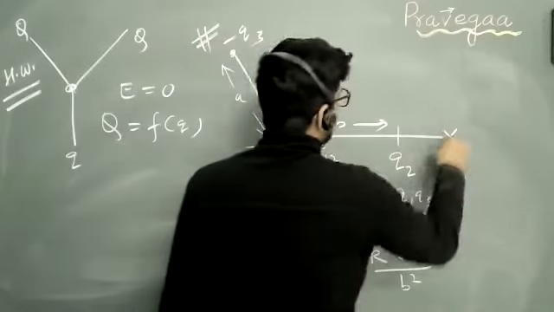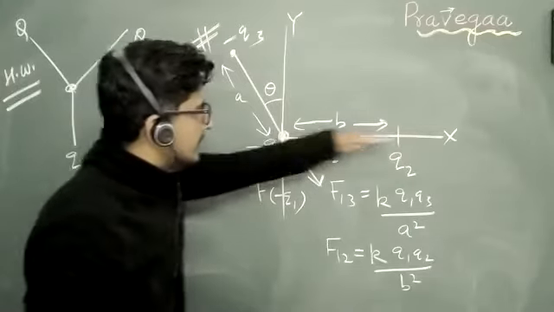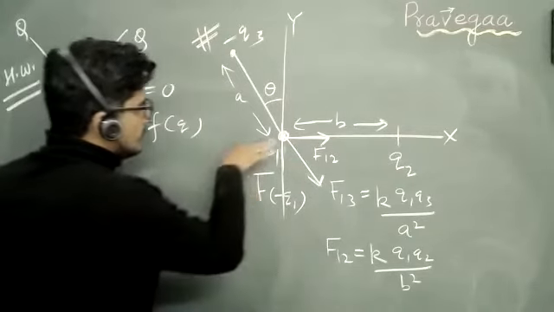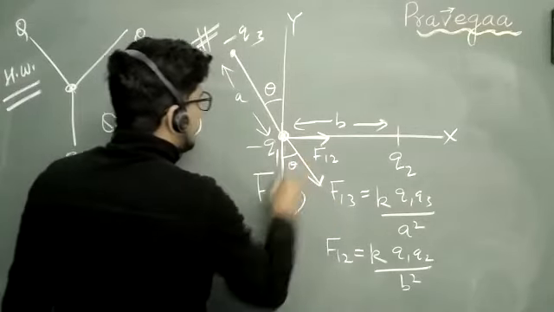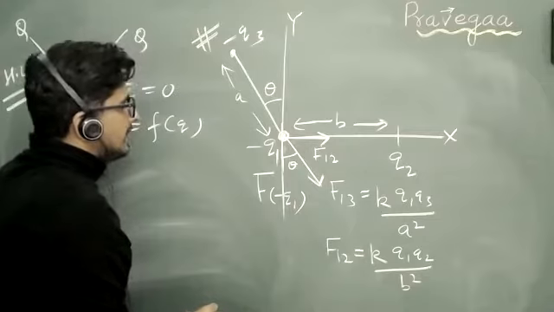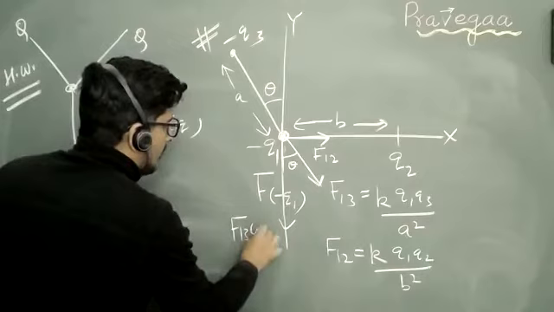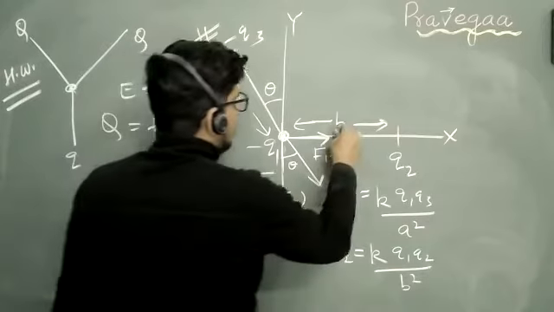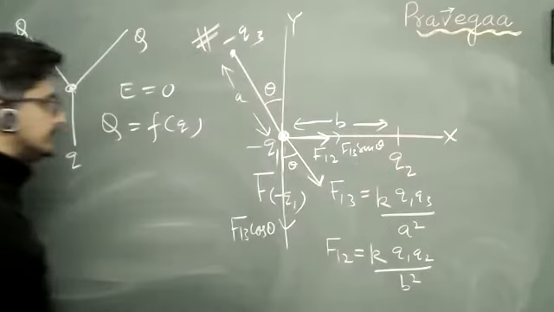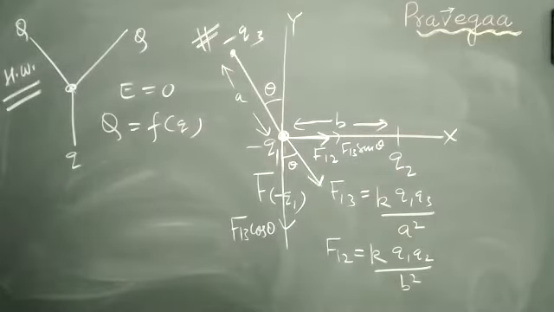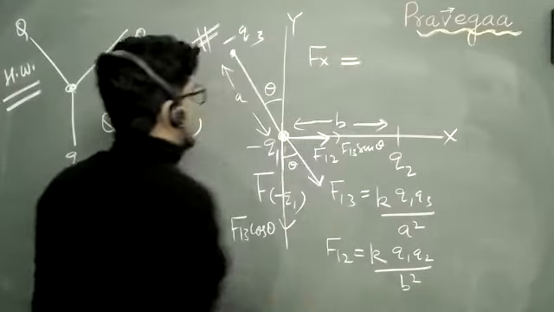So let us call this axis the x-axis and this axis the y-axis. This force is okay, it is in the x direction. But what about this? This angle is theta. This will also become theta. Help me in the resolution. This will be F13 cos theta. And this will be F13 sin theta. Correct or not? Correct, sir. So what will be the force in the x direction? Tell me.